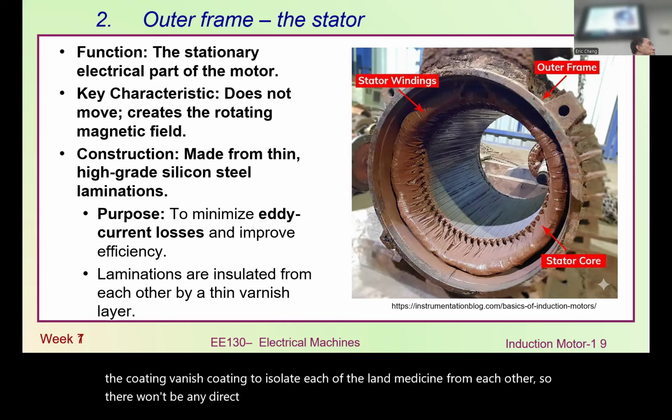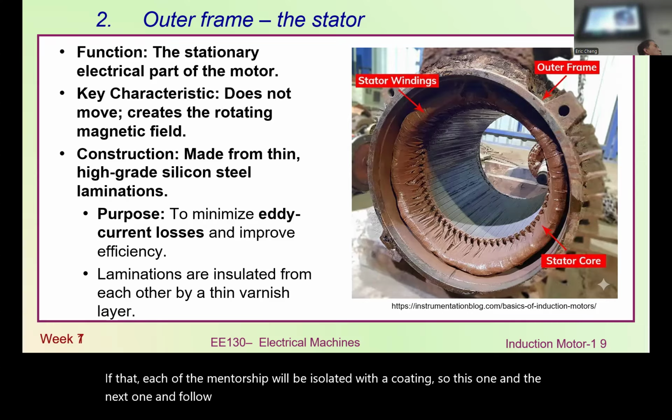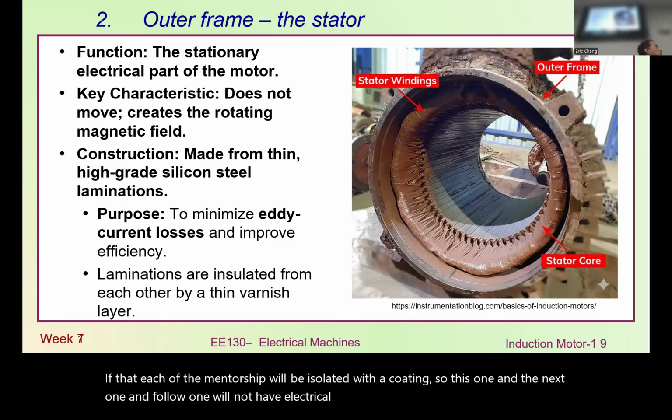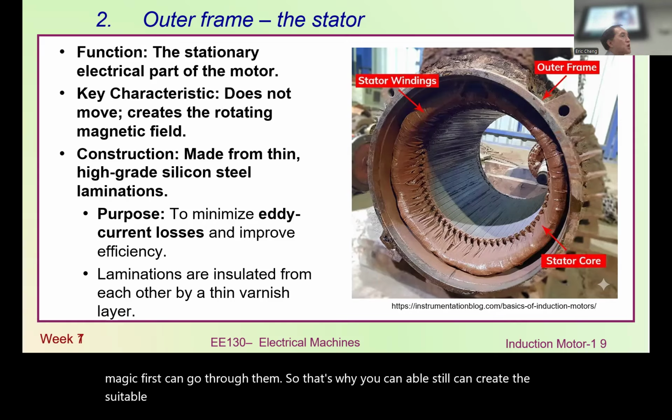That means the lamination is not just a purely metal sheet, but each metal sheet is isolated with a coating. So this one and the next one and the following one will not have electrical connection, only a magnetic connection. Magnetic flux can go through that. That's why you can still create the suitable magnetization, but electrical current cannot go through the lamination.